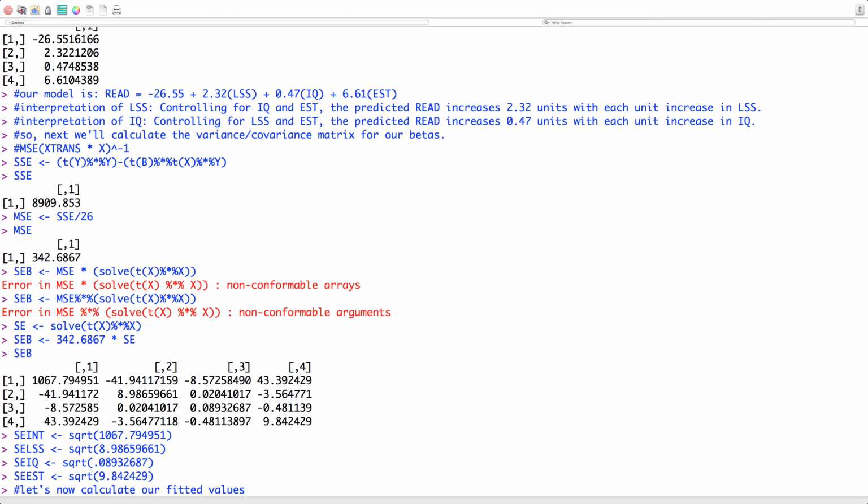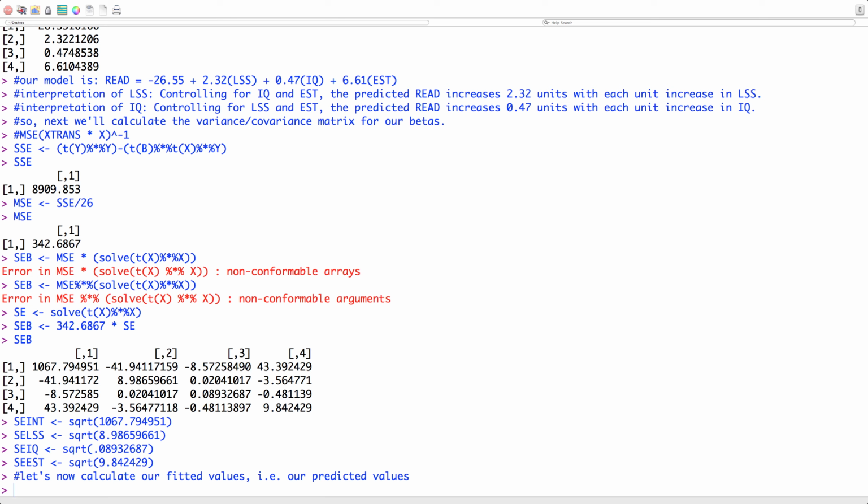Okay. Now, the next thing I want to do is calculate our fitted values, in other words, our predicted values. So guys, remember our fitted values deal with the hat matrix. So the very first thing I'm going to want to do is create the hat matrix.